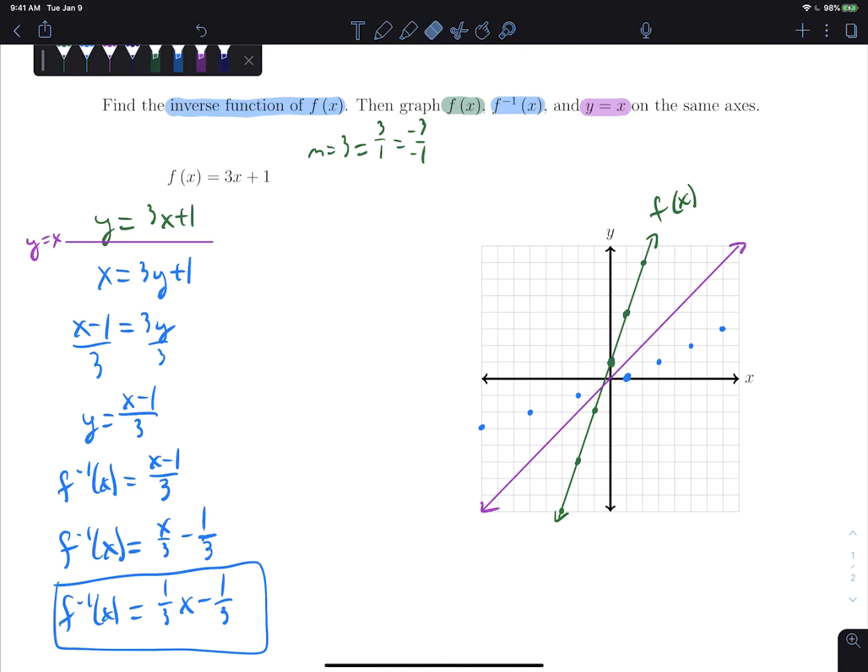Oops, there we go. Helps if I can count to 3. There we go, that's better. And then just connect these with a trusty straight edge.